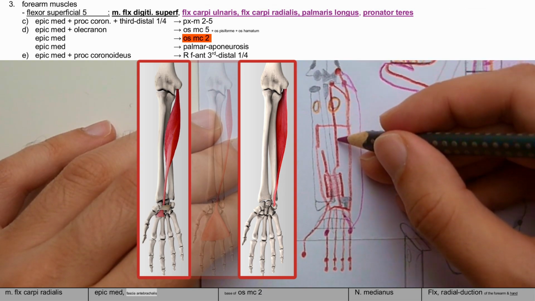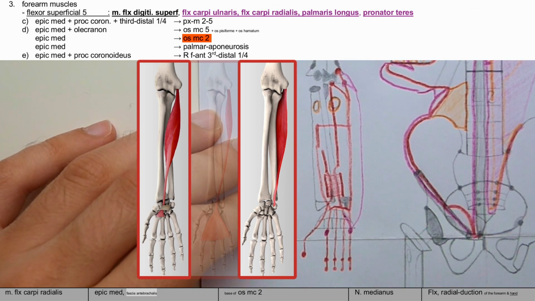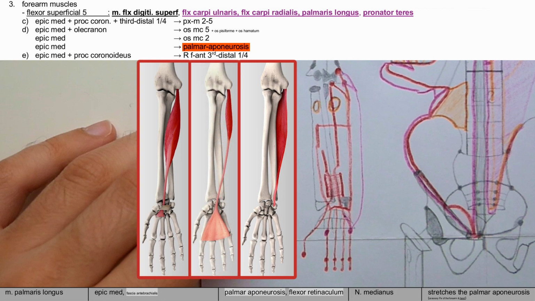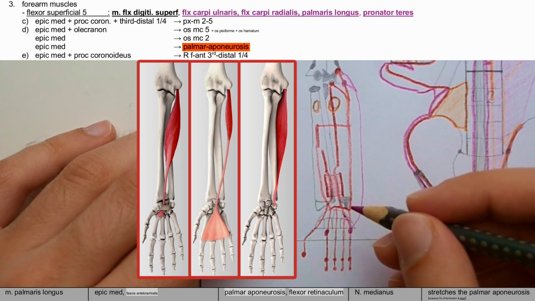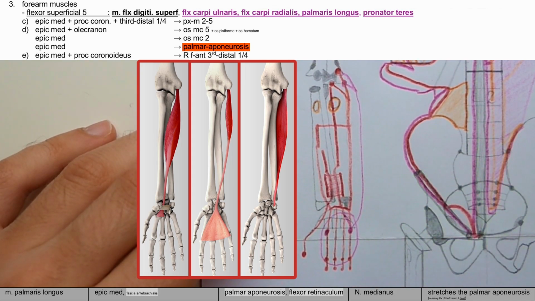Here I won't draw the connection line between origin and insertion for the sake of a better overview of the drawing. The last muscle of the fourth step is musculus palmaris longus. Its insertion is on the palmar aponeurosis, which I will draw as a thin bubble.